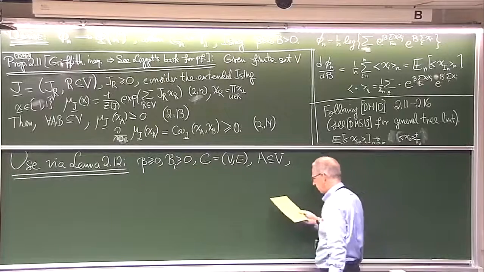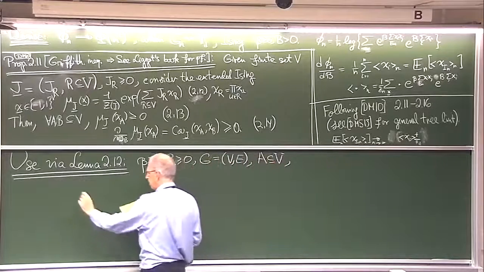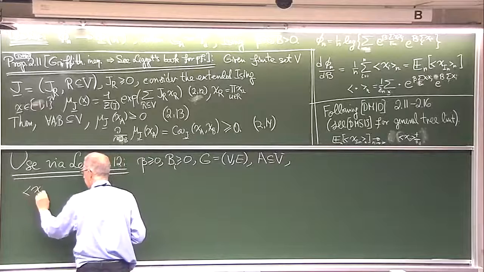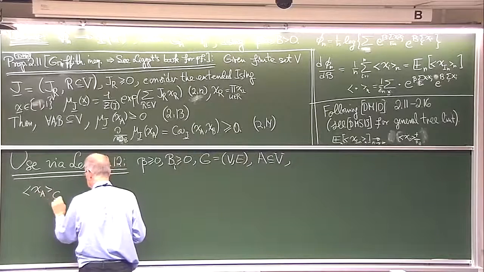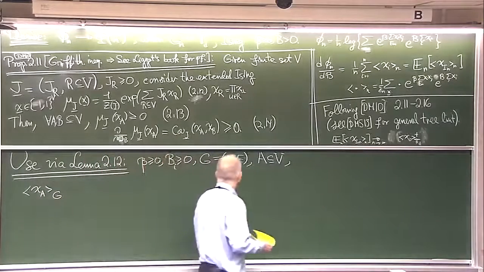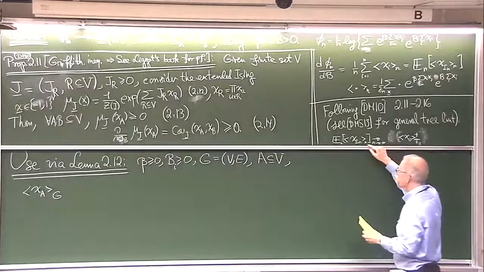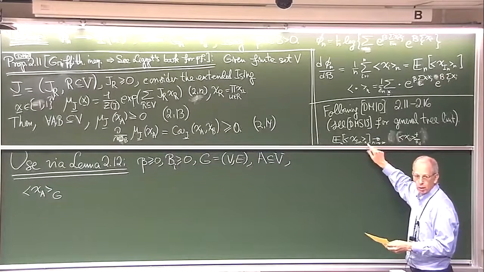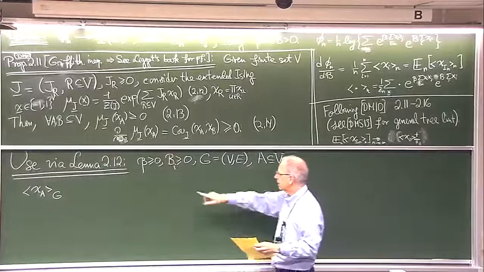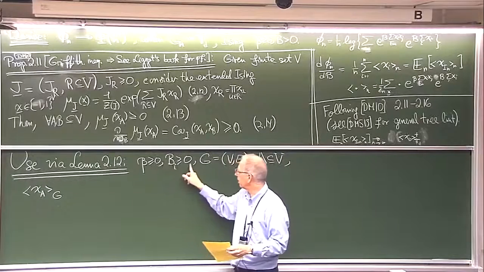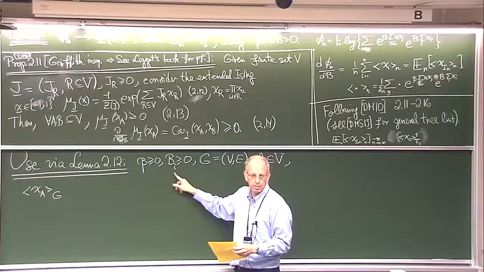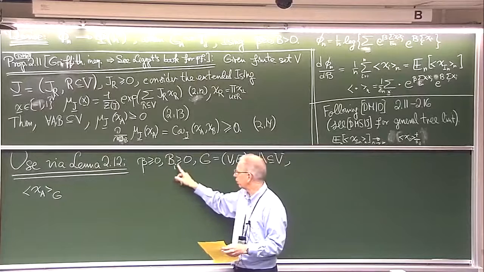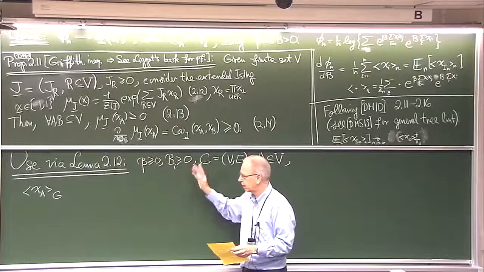Then I claim the following. Let me calculate what is the expectation of X_A under mu_G. This means you have a particular Ising measure, any Ising measure you want, with this beta non-negative and all the b_i non-negative. They're possibly different. Sometimes I will need to put different b's, so that's why I'm extending to b_i.